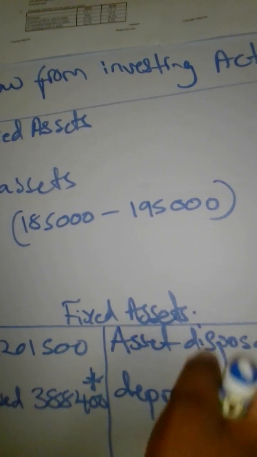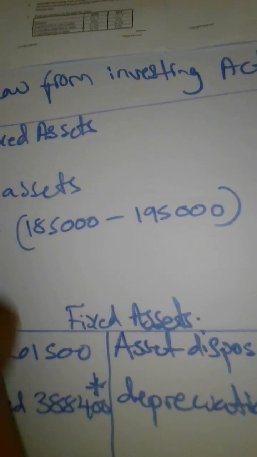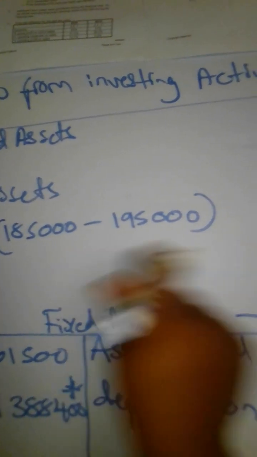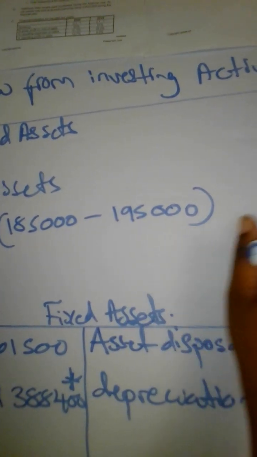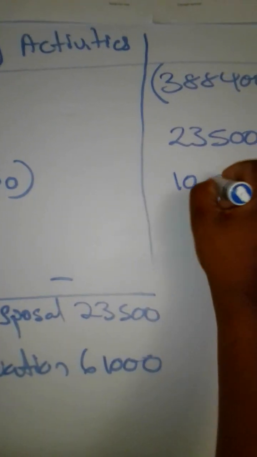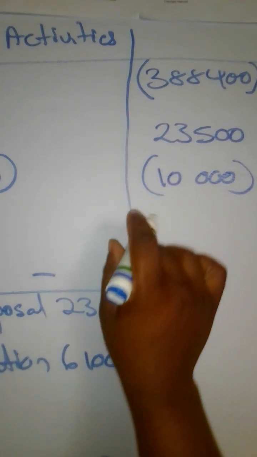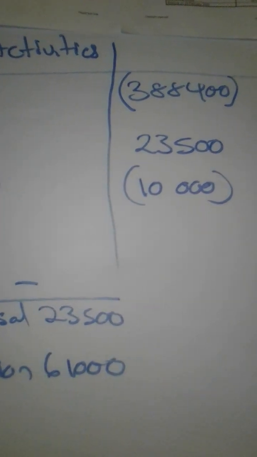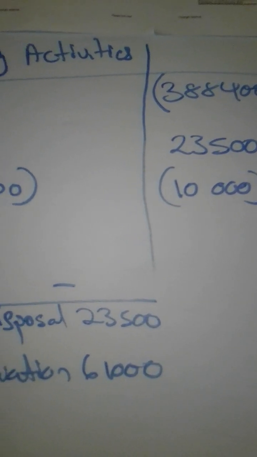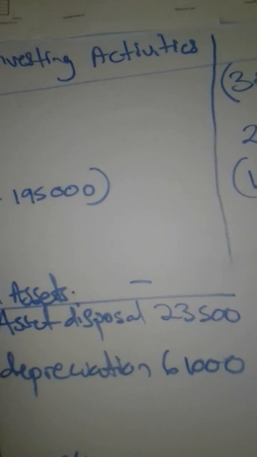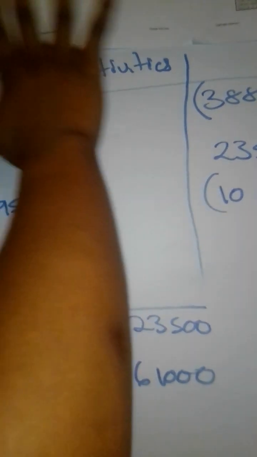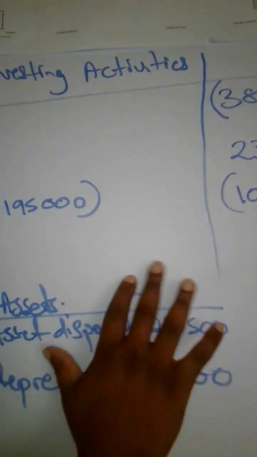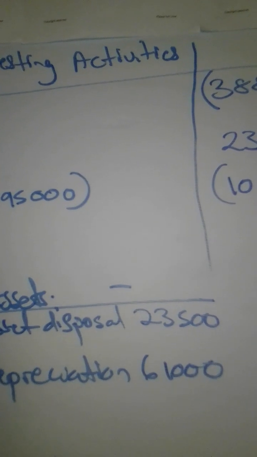Money has been taken from the business bank account and placed in an investment, so it is going to give us a negative amount. The difference between these two amounts, 195 minus 185, is 10,000. We make it a negative amount because money has been taken from the business bank account to increase the investment. That is an outflow of cash from the business, the 10,000.